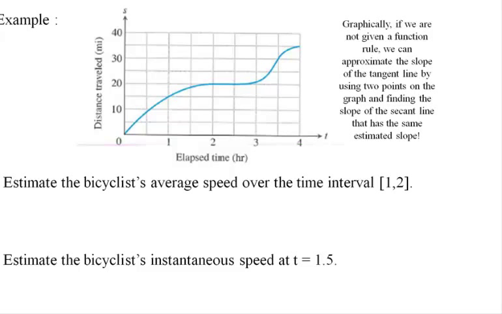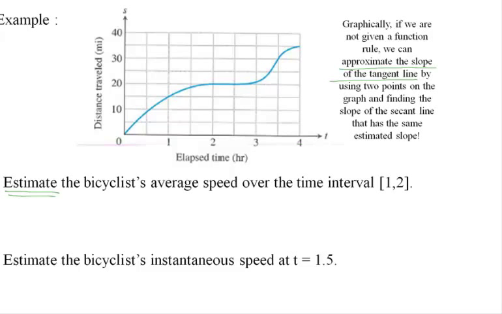In the context of position and velocity and acceleration, let's look at this graphical example. Graphically, if we're not given a function rule, we can approximate the slope of the tangent line by using 2 points on the graph and finding the slope of the secant line that has the same estimated slope. These words mean something.